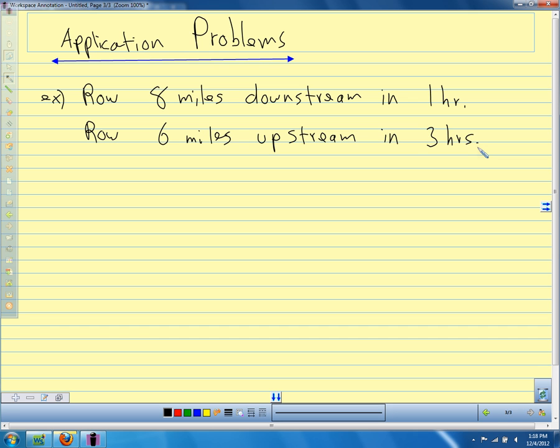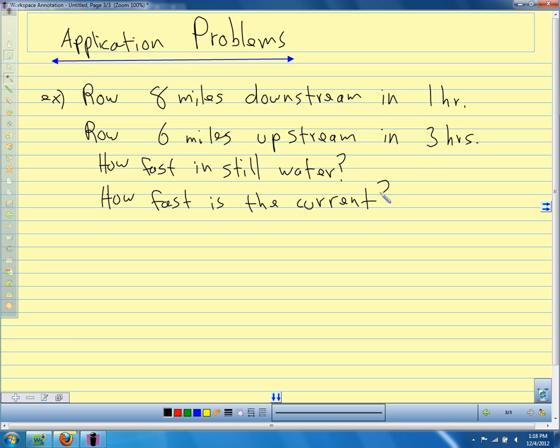And we want to know how fast this person rows in still water. That's our first question. And how fast is the current? So these are the two things that we're trying to answer with this problem. So what are we going to need to do to set this up?